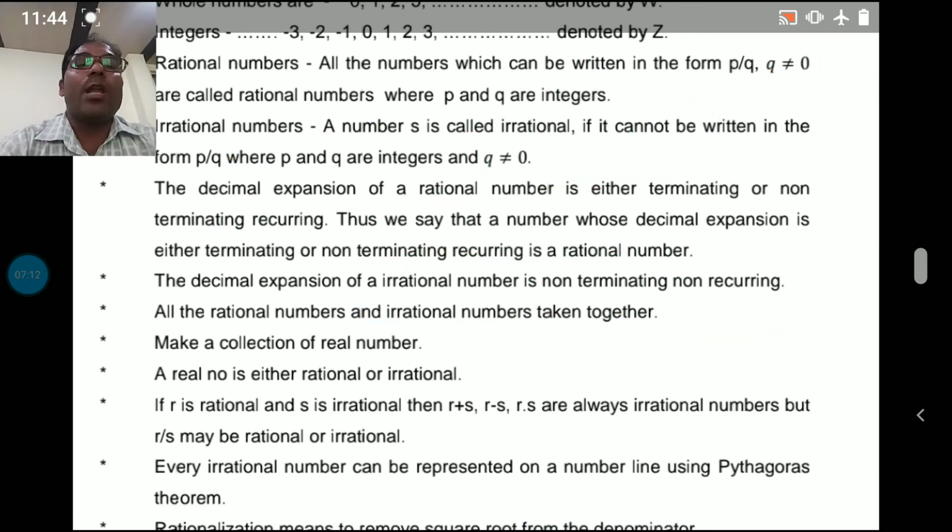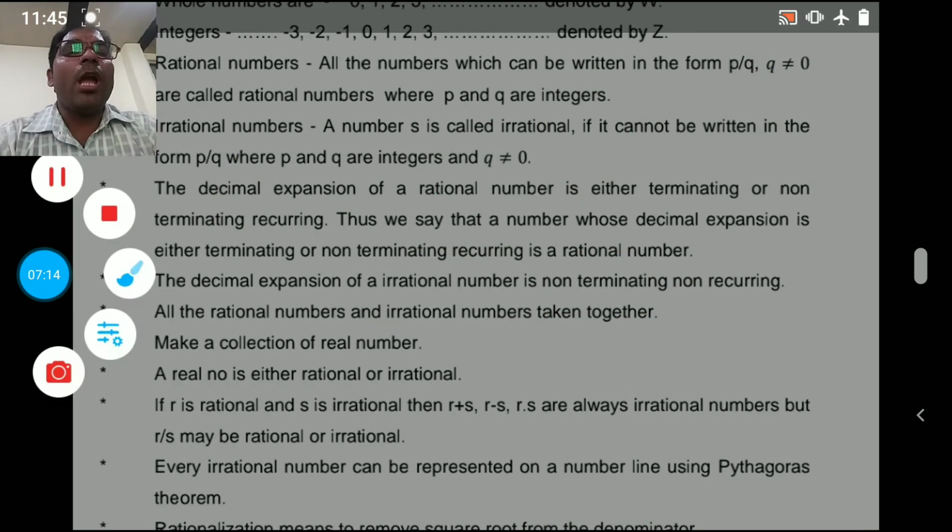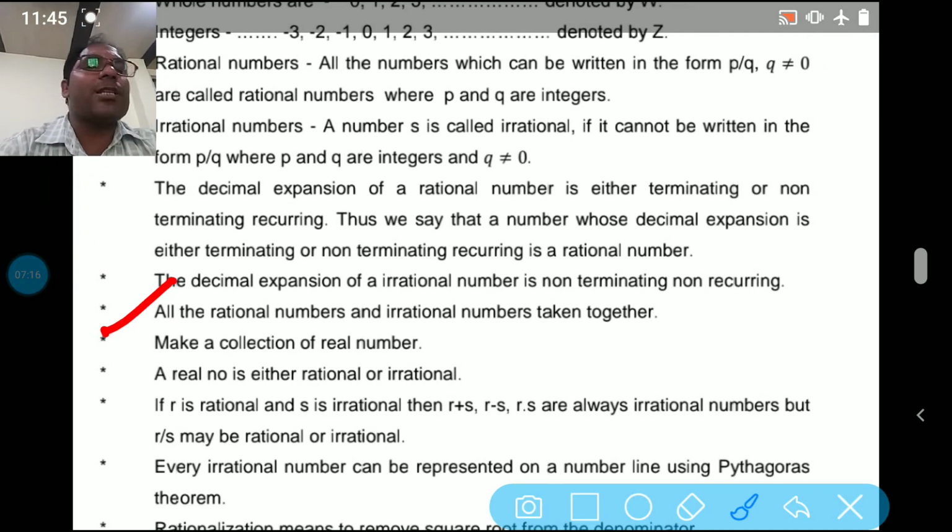Is that clear? And the next one is all the rational numbers and irrational numbers taken together. We can write these numbers together and make a collection of real numbers. Next, a real number is either rational or irrational. Both can be real numbers, because we can represent these numbers on the number line.